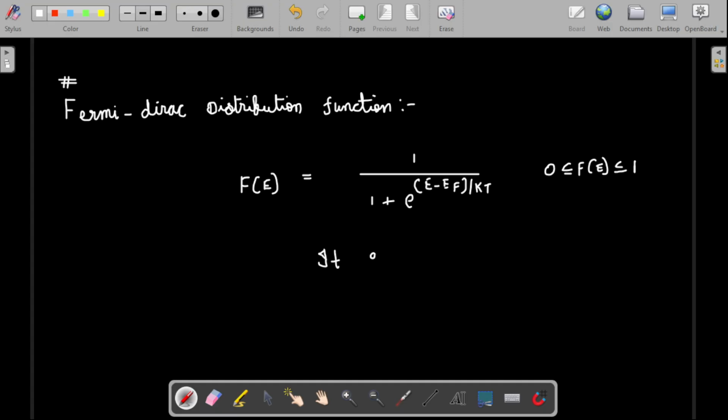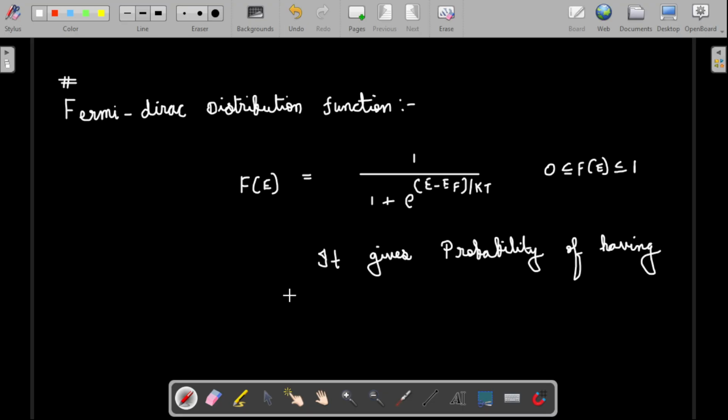This function gives the probability of having electrons.